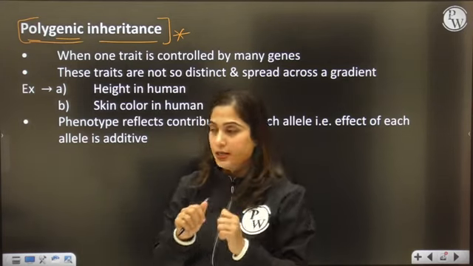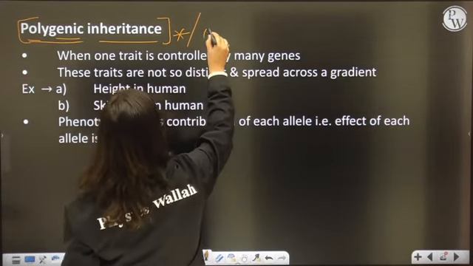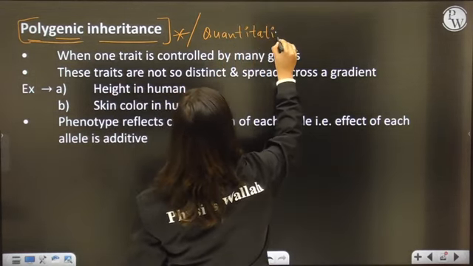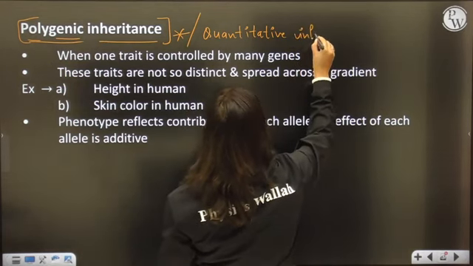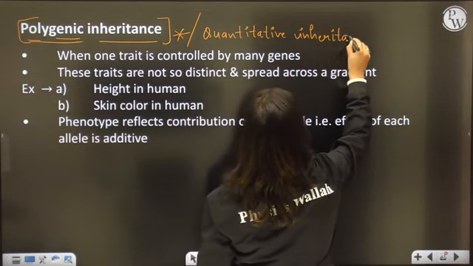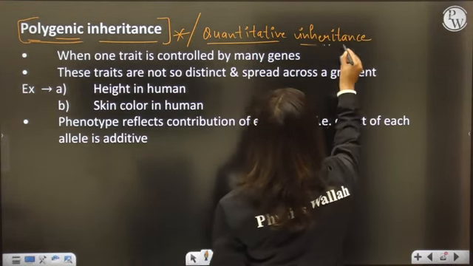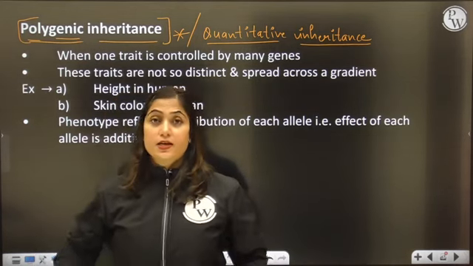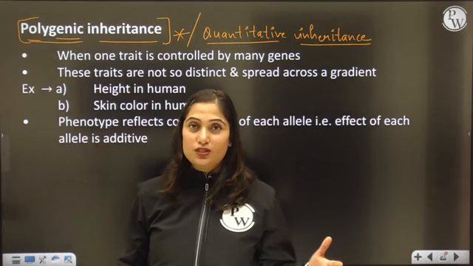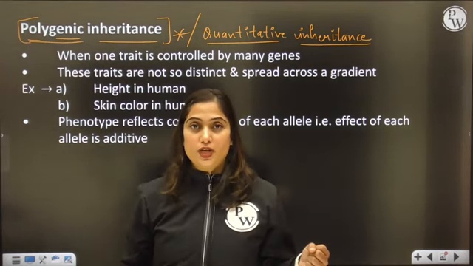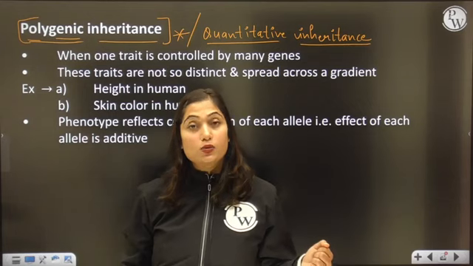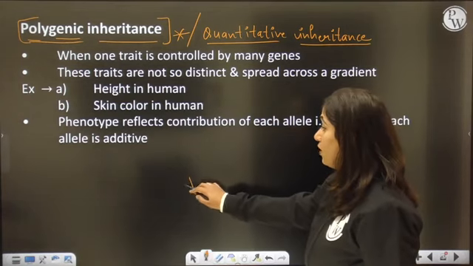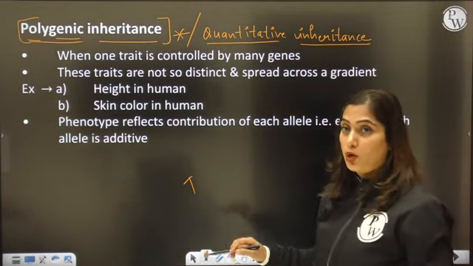So polygenic inheritance, in other words, is also called quantitative inheritance. That means here the quantity of the genes will decide the intensity of the expression. Mendelian inheritance is qualitative inheritance. There was no effect on the phenotype by the number of dominant alleles.